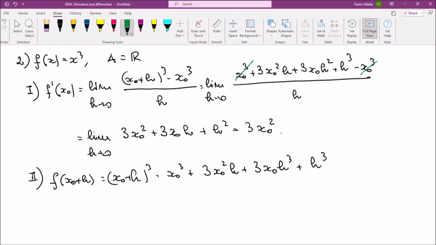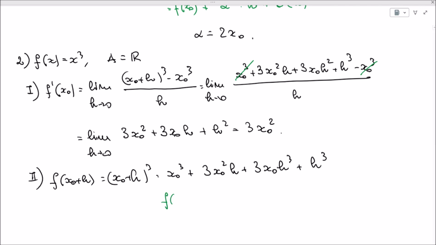We can immediately recognize x naught cubed to be f of x naught, plus alpha h, and alpha is simply 3 x naught squared, because this is the only coefficient of h.